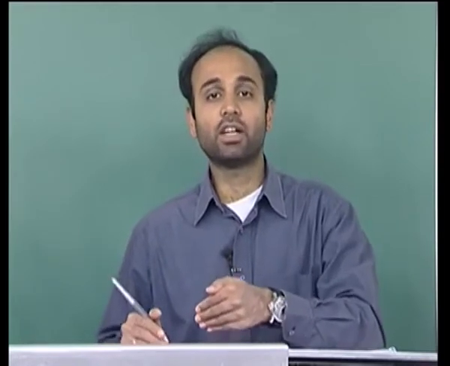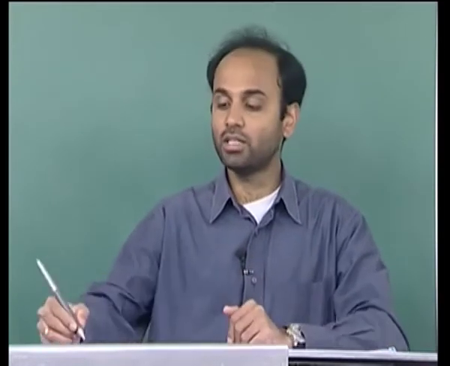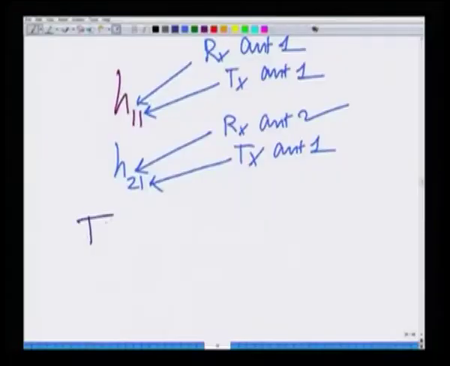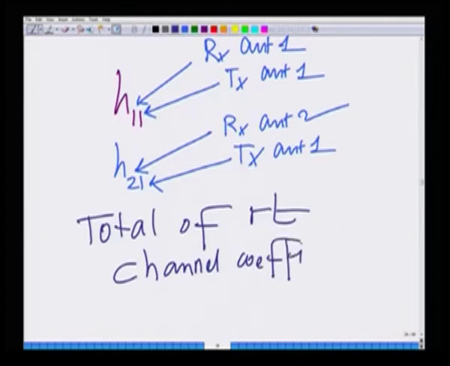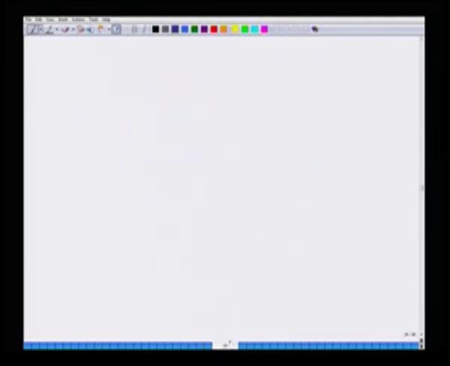Hence, between each of the R receive antennas and T transmit antennas, there is a flat fading channel coefficient. Hence, there is a total of RT channel coefficients.